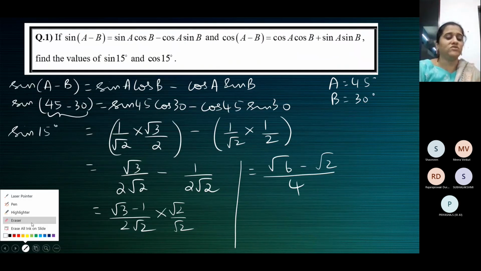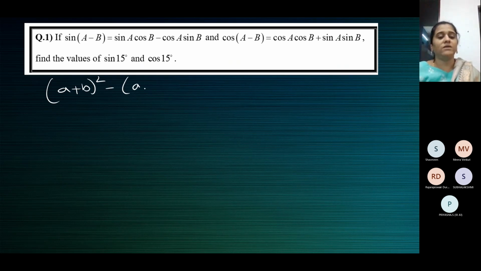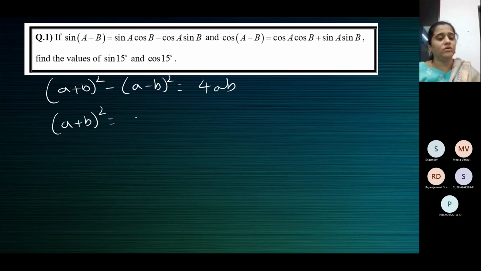Every time we come across a situation, these identities are so useful. A plus b the whole square minus a minus b the whole square is equal to what? 4ab. Then by transposing, what are the other things you get? A plus b the whole square is equal to a minus b the whole square plus 4ab. Then what's the other one?